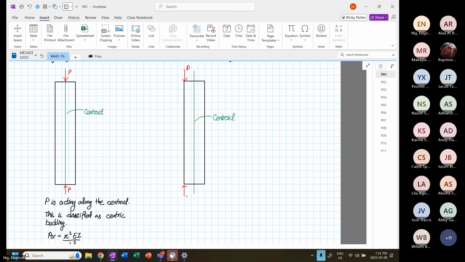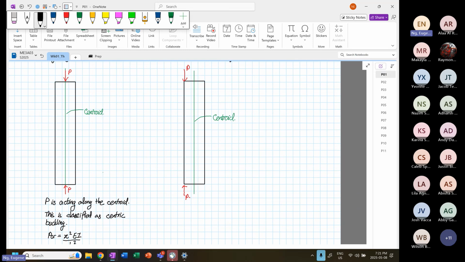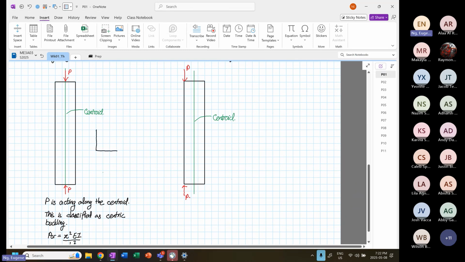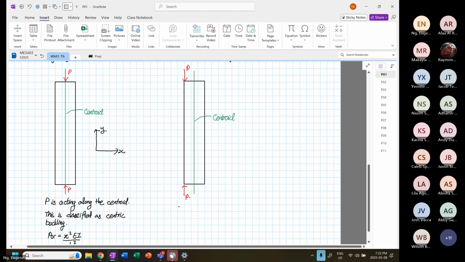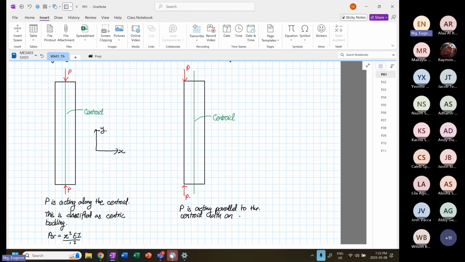If we were to draw our transformation, this is X and this is Y. So you can see now that P, for this case, is acting parallel to the centroid with an offset distance E. The E is basically from here to here.